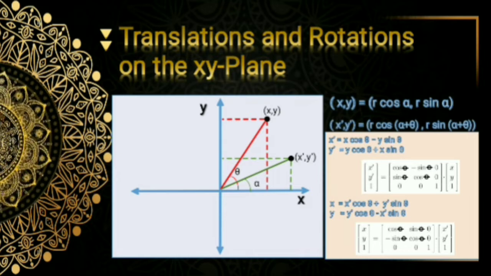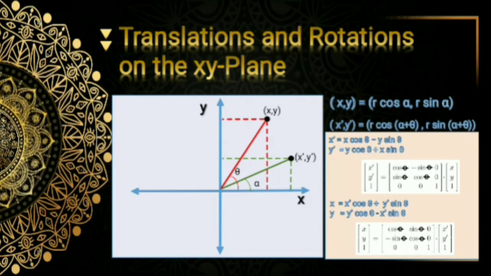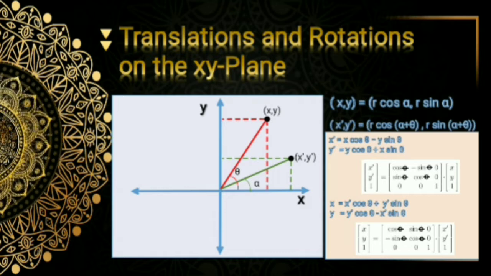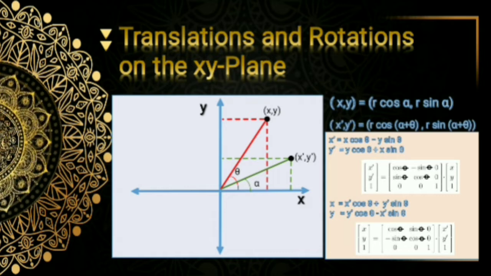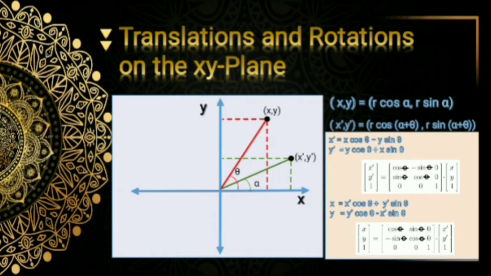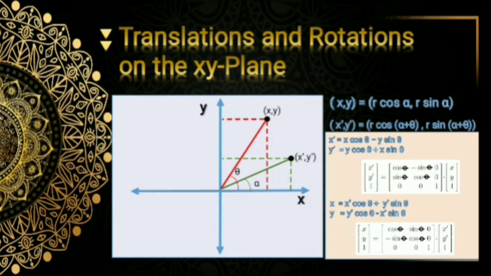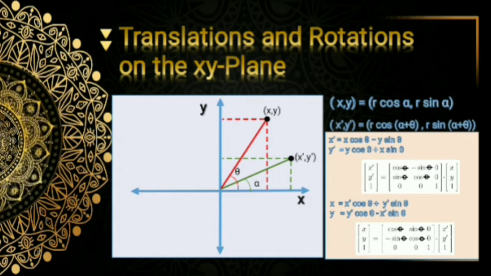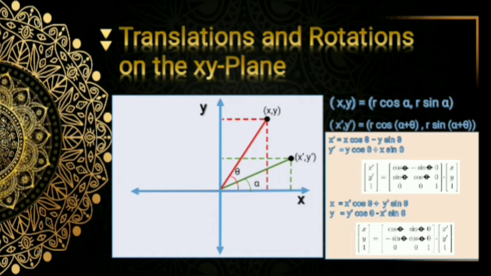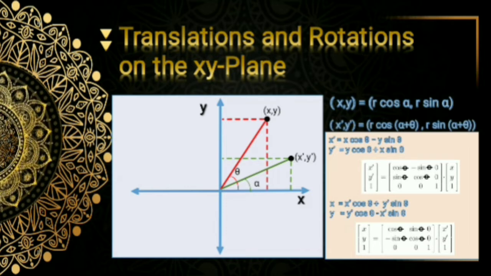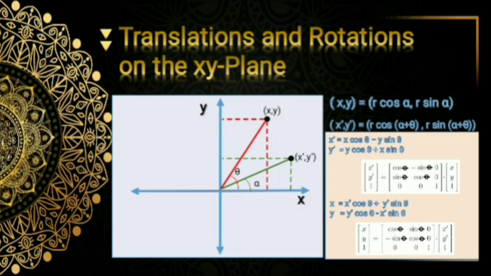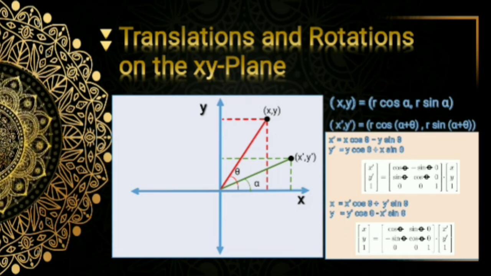Next, we have column 1, row 2, negative sin theta, column 2, row 2, positive cos theta, and third column, row 2 is 0 because in y equals y prime cos theta minus x prime sin theta, there is no third element, it's 0. And lastly, we have column 1 and column 2, row 3 having 0 on both because, as you can notice in our third element, there is only one constant, which is 1, and no x and y equivalent.